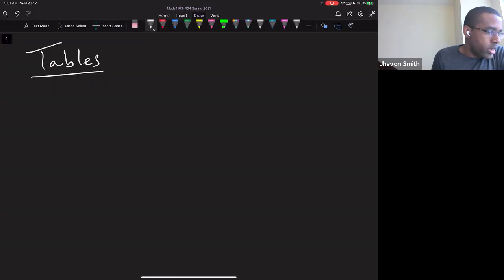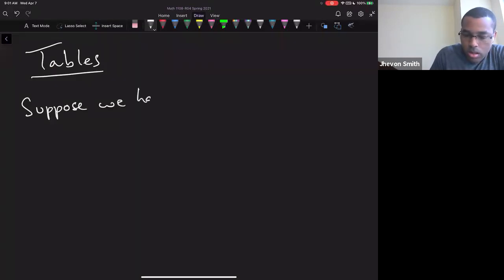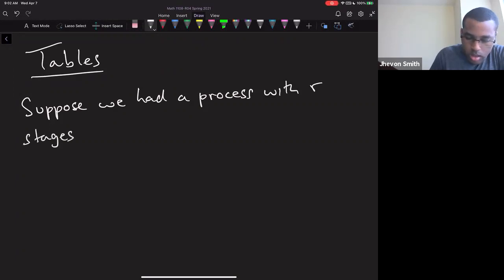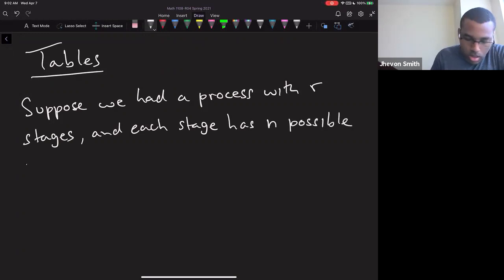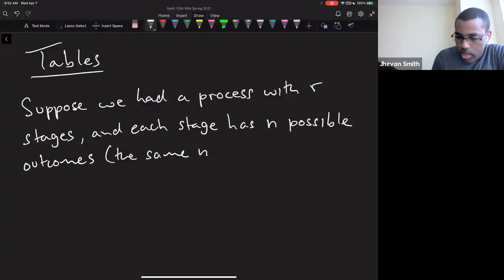Okay, so suppose we had a process with R stages, and each stage has n possible outcomes, the same n outcomes for each stage.